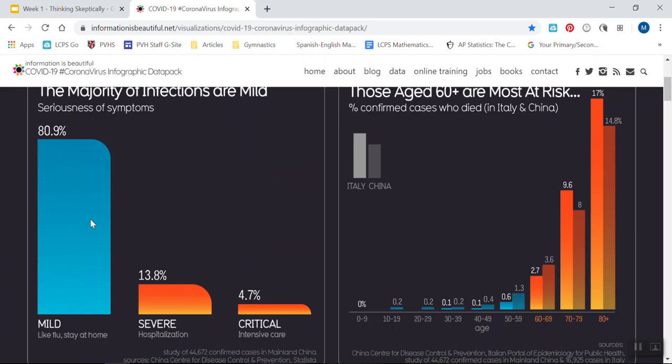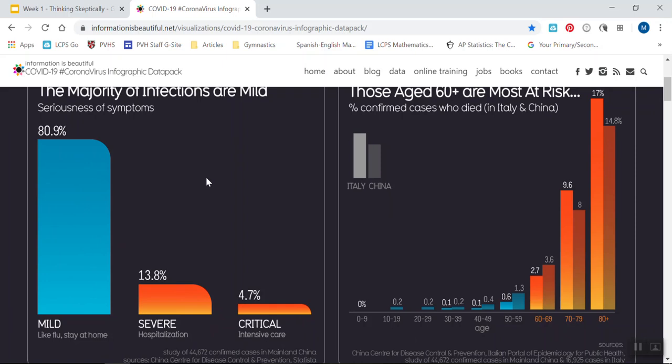The mild symptom bar is a solid color, while severe and critical have this gradient. Having the gradient could make the bar look visually larger or smaller when your brain reacts to this graph. The other thing that's a little weird is they've rounded off the corners for some reason. So again, that might affect the way that your brain interprets the information.